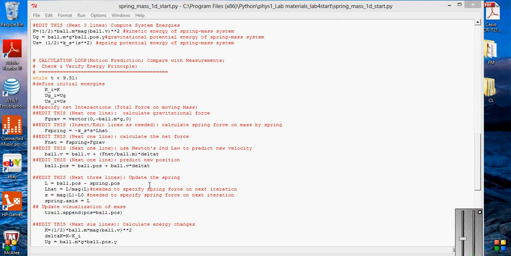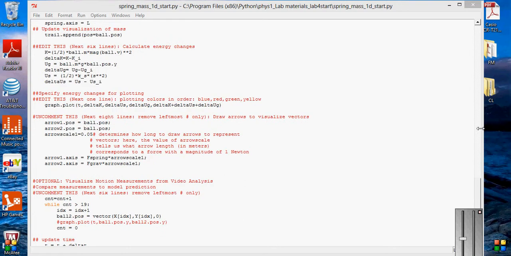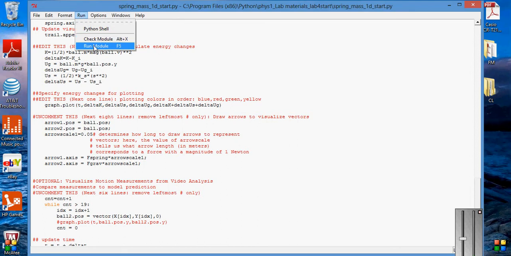So we continue to do this over the time frame. We update the length L hat and the stretch or compression for each position as we update that. We also update the energy change. So at this point, we can go ahead and plot our energy changes and display our model.